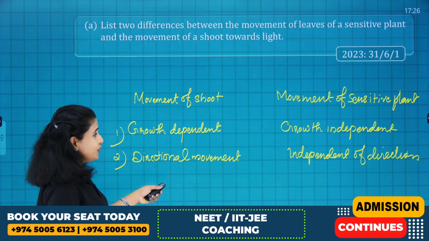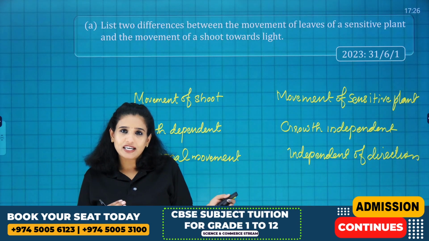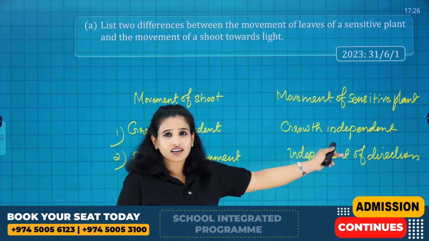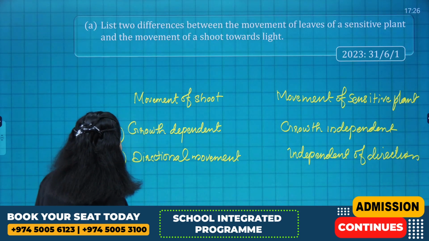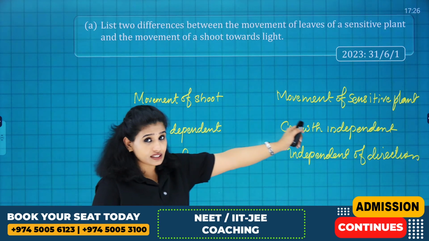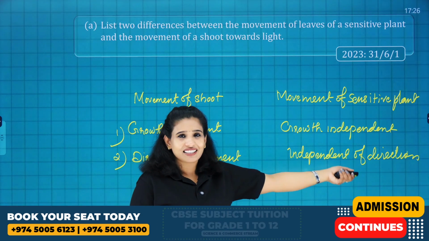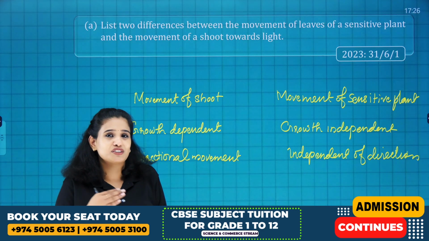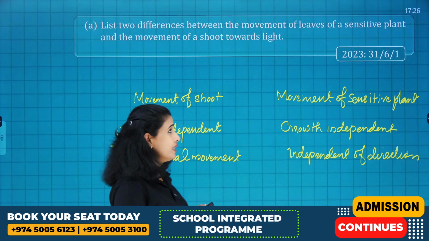So these are the 2 differences you can find between the movement of a sensitive plant and movement of shoot towards light. Growth dependent movement. This is growth independent movement. This is directional movement, and it is not related with the direction. It is independent of direction. It is non-directional movement.